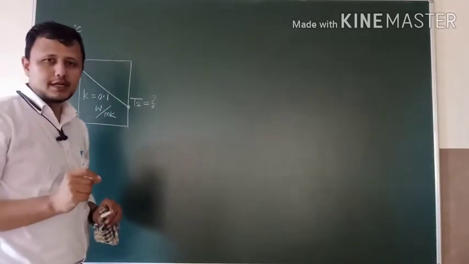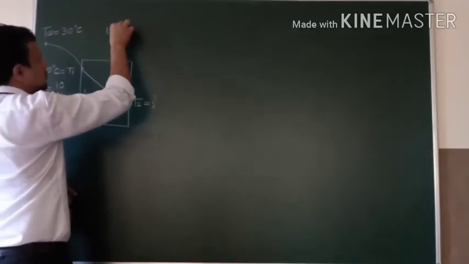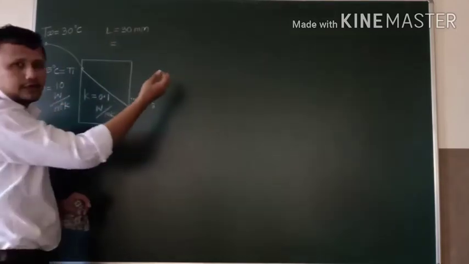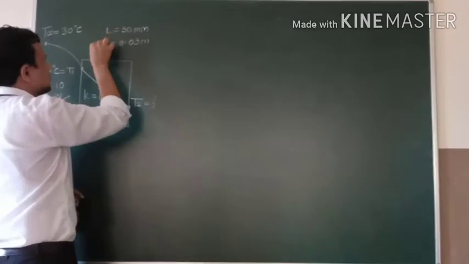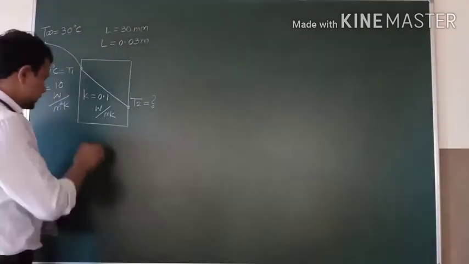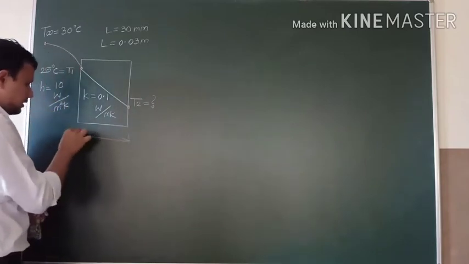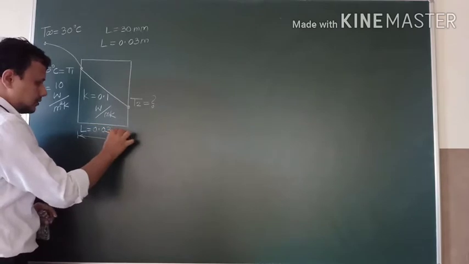One important physical aspect of the wall is its thickness, L equal to 30 mm. We can convert it into meters, which gives 0.03 meter. So we specify in the schematic diagram L equal to 0.03 meter.